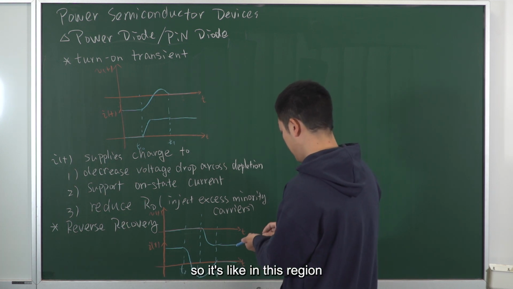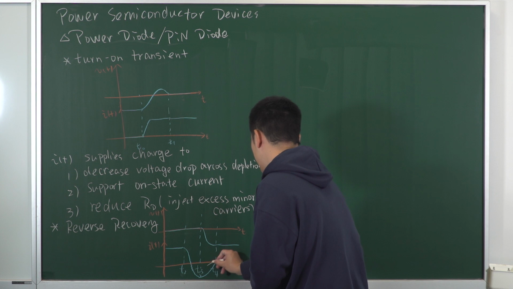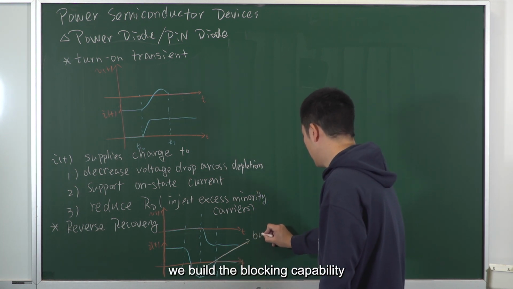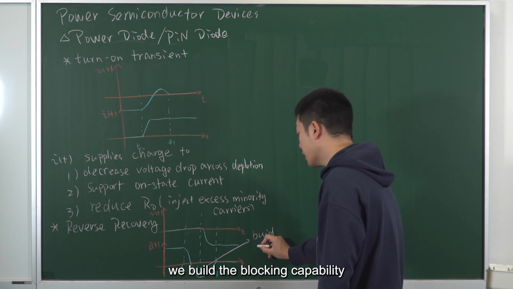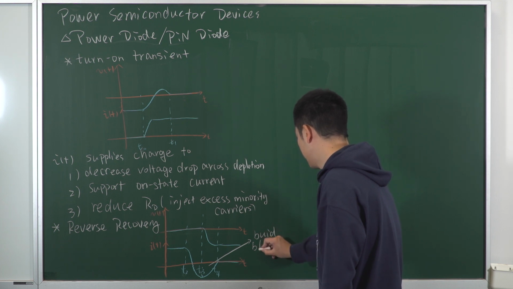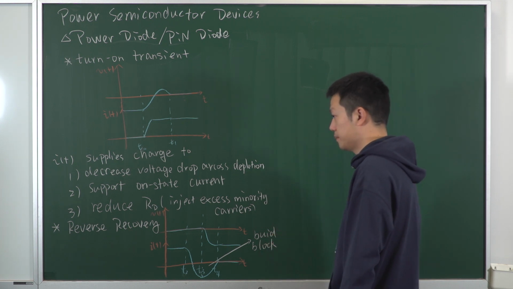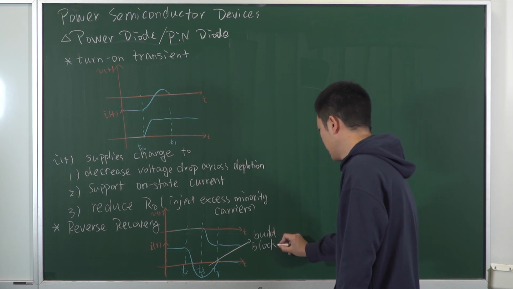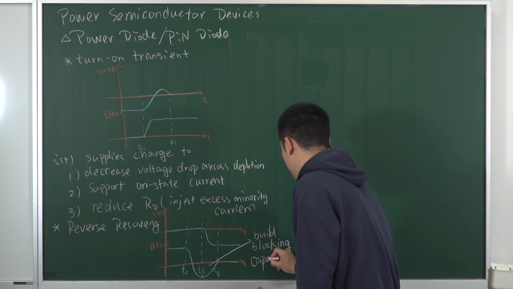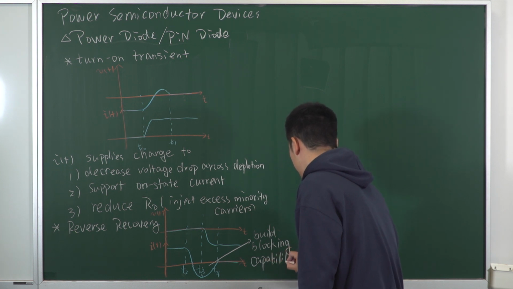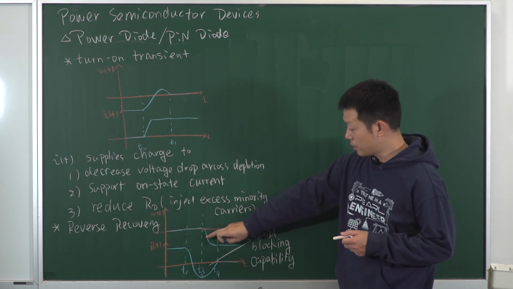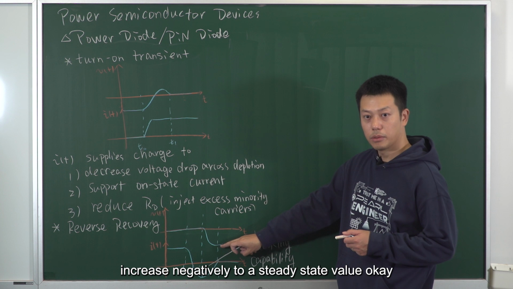So in this region, we build the blocking capability by extending the depletion region. So the voltage increases negatively to a steady state value.